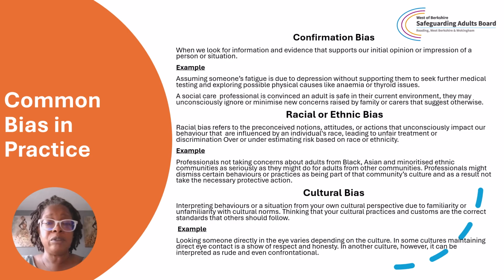For example, professionals not taking concerns about adults from Black, Asian and minoritised ethnic communities as seriously as they might do from adults from other communities. Professionals might dismiss certain behaviours or practices as being part of that community, their culture, and as a result not take the necessary action to protect that person.